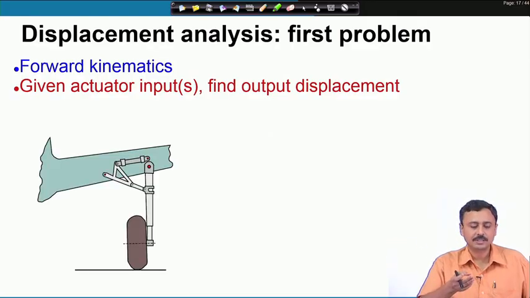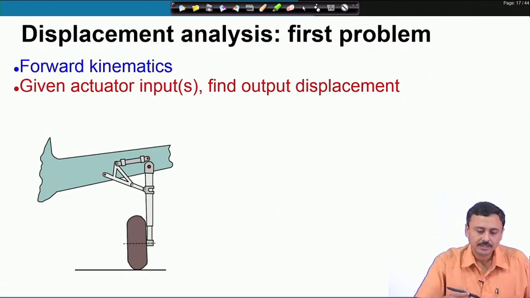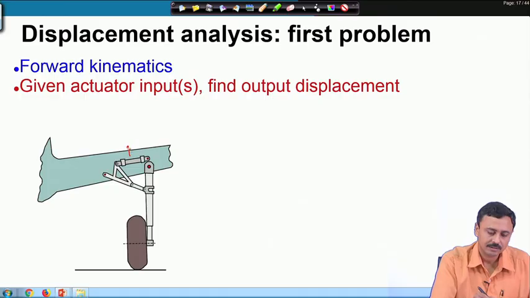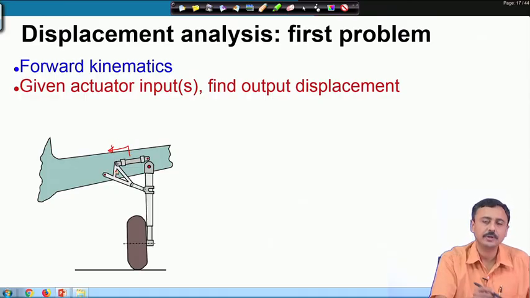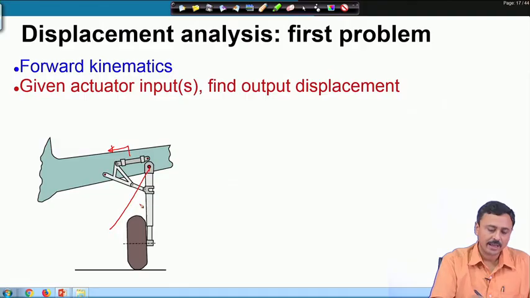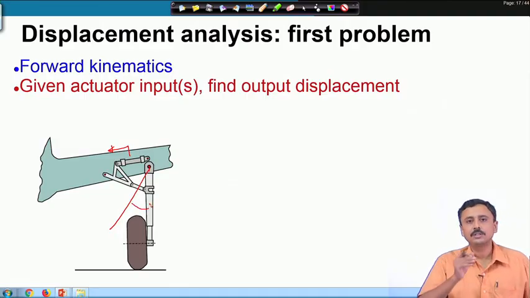In this landing gear, I am given, let us say, this throw of this actuator, it expands by a certain amount. What will be the angle of the wheel assembly?